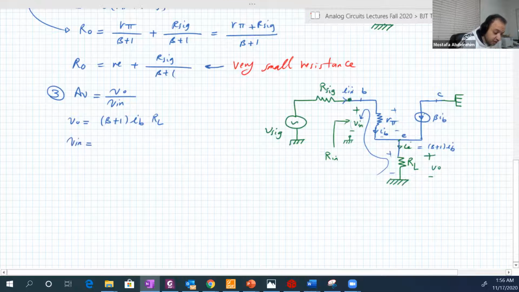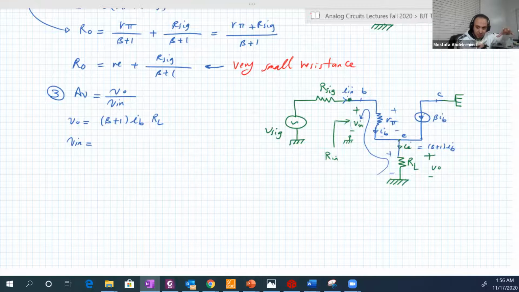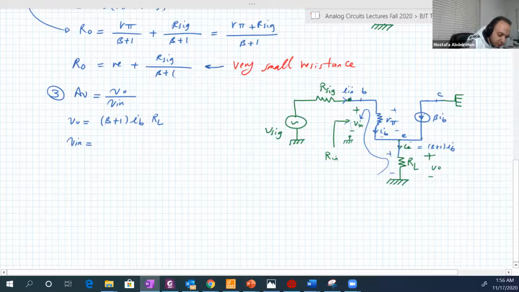V input again is the voltage between the terminals of the source. So the source is one part, which is V signal and R signal together. So it's a voltage from this point to the ground. If we make a loop here, V input is equal to the voltage across R pi plus the voltage across RL.